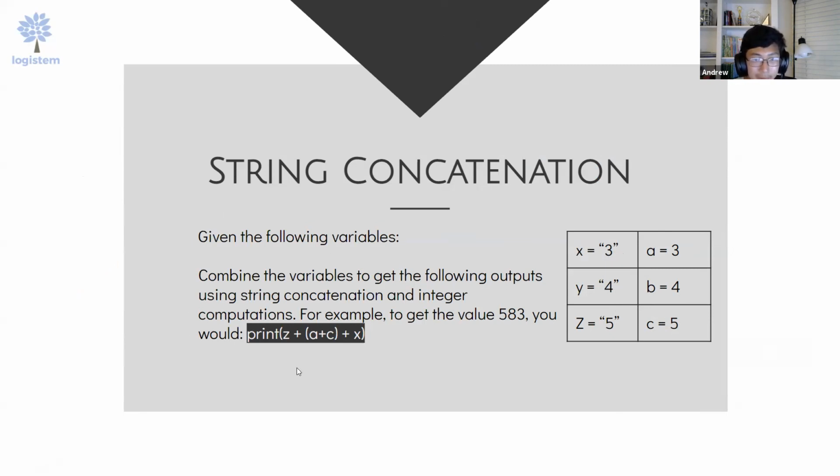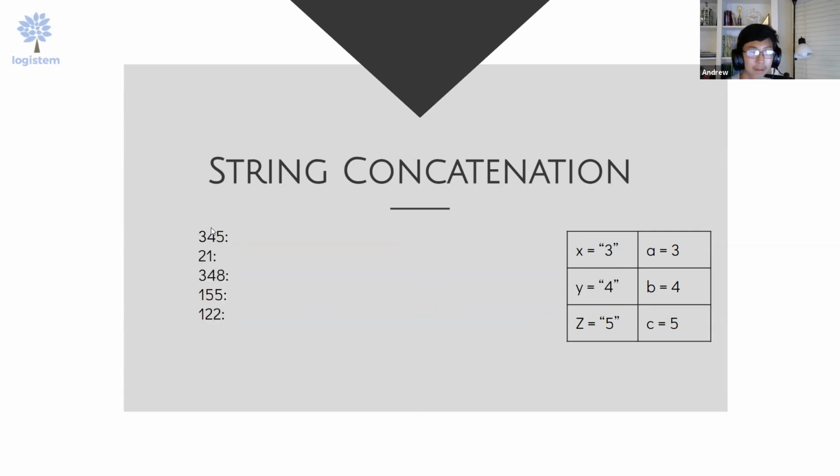Try to combine the variables to get the following outputs using string concatenation and integer computations. For example, to get 583, you would print Z plus, there should be a string around it, string of A plus C, and then plus string of X. So it'll print 583.